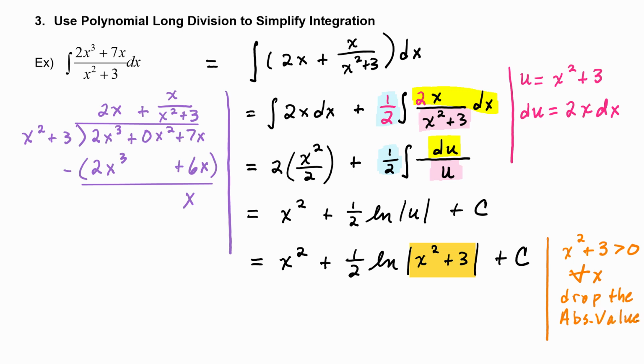And anytime you can drop a function, that definitely makes your result simpler. So then this is going to become x squared plus 1/2 natural log of x squared plus 3, this time in parentheses, so we don't have to do an absolute value function, plus c.